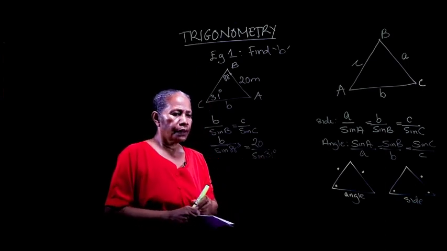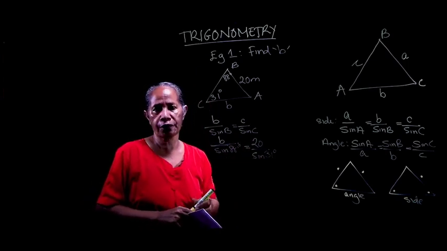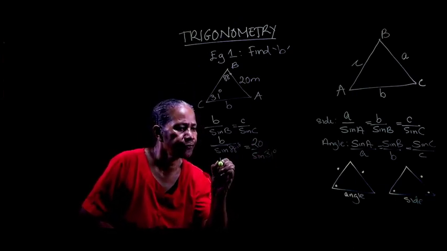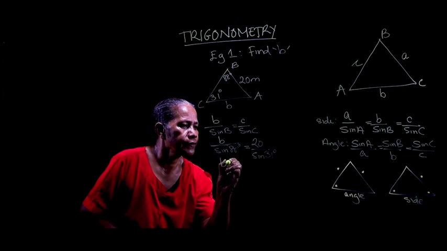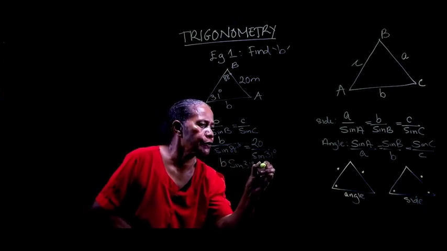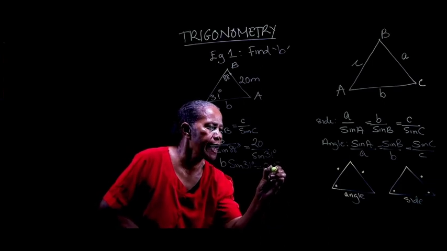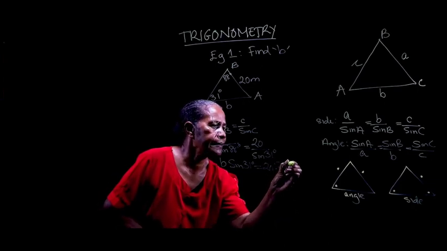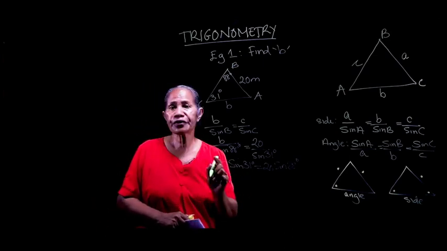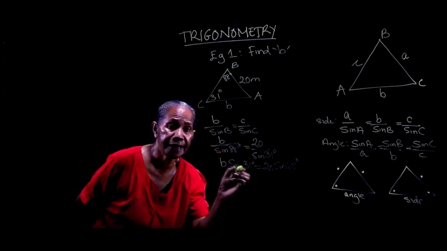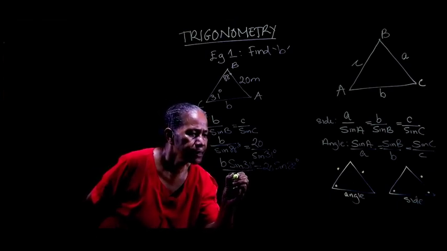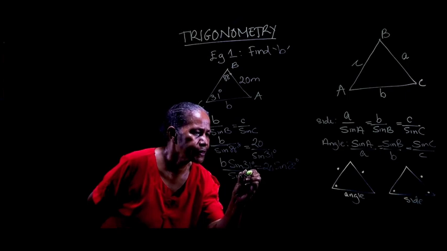Now we have an equation to solve. We cross multiply first, so we have b sine 31 degrees is equal to 20 sine 88 degrees. Now we want to find b, so we need to remove sine 31, so we divide both sides by sine 31 degrees.